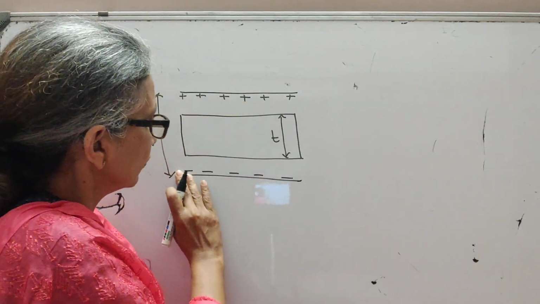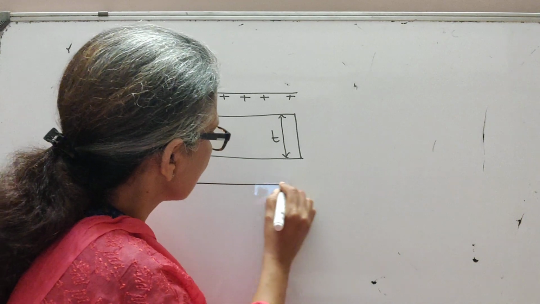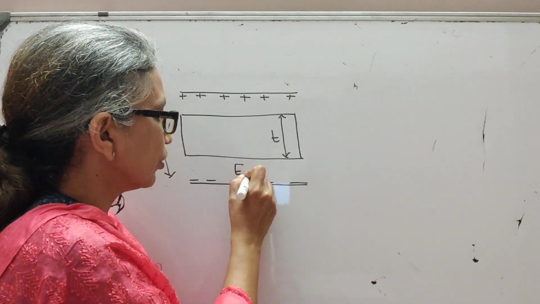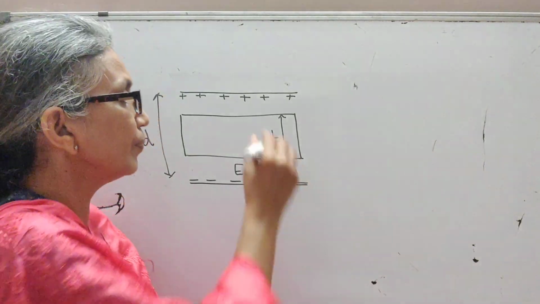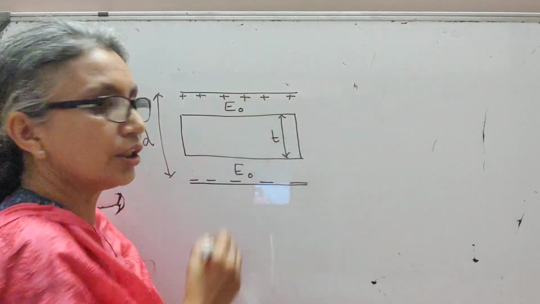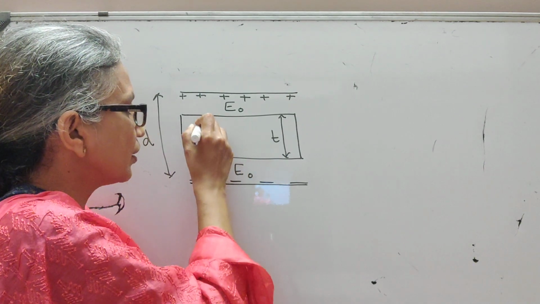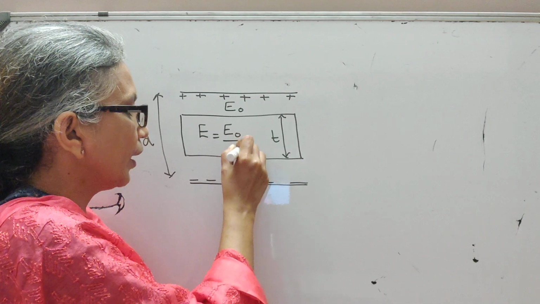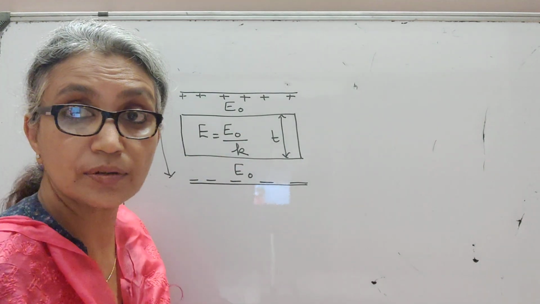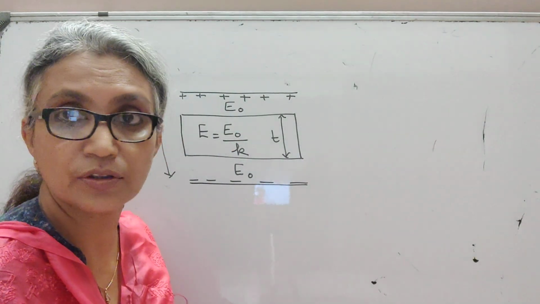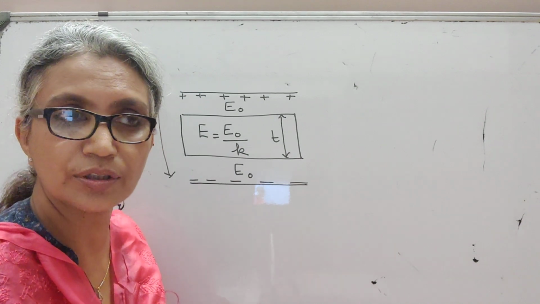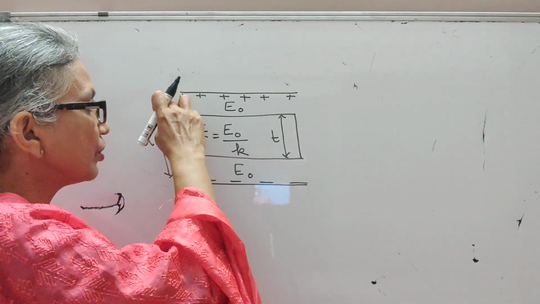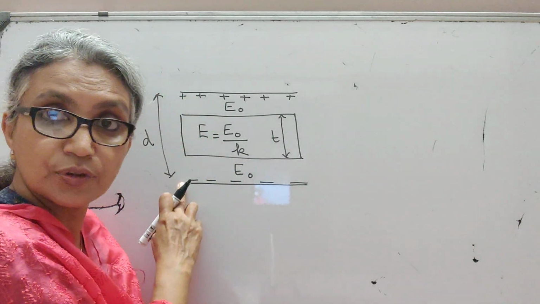Now here the electric field is E0, that is, it is air or vacuum. Here also it is air, so E0. But inside the dielectric, we have a new field which is equal to E0 by K. If you do not know what's happening here, please go back to the third video. In the last section I discussed polarization. When you insert a dielectric, there's an original field E0 directed from positive to negative.